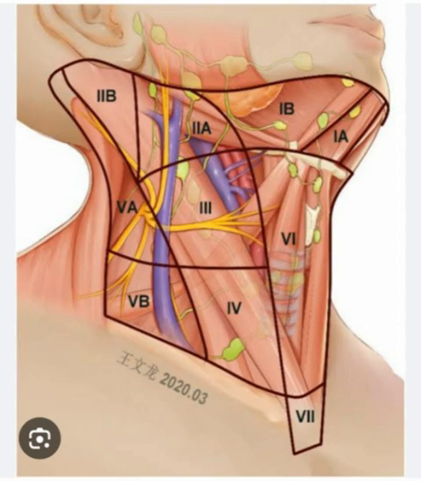By preserving one or more of these structures, such modifications of the RND can preserve shoulder function, cosmetic appearance, and normotensive venous outflow, while still removing, comprehensively, all the lymph node regions, I through V, of one side of the neck. Depending on the non-lymphatic structures preserved, a modified radical neck dissection can be classified into 3 types.